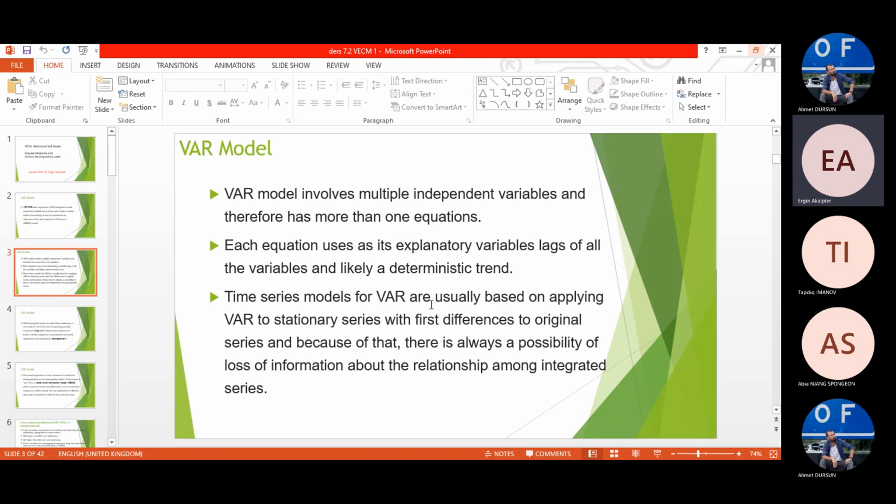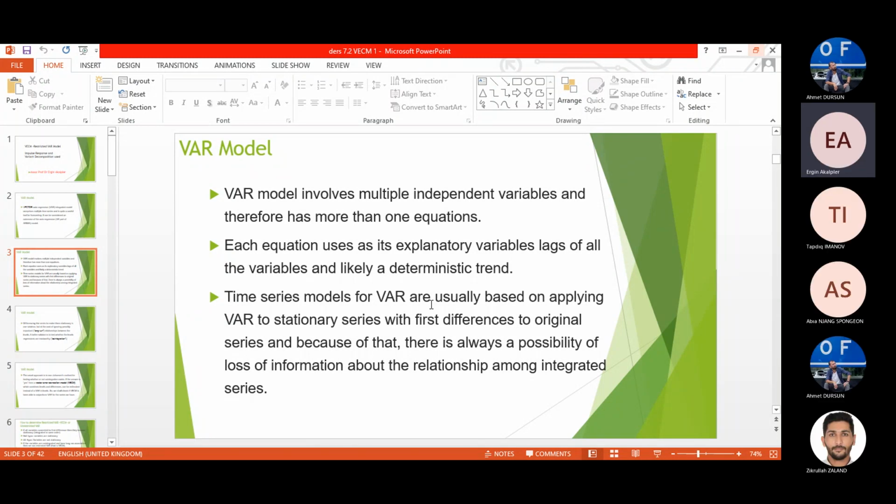VAR model involves multiple independent variables and therefore has more than one equation. Each equation uses as its explanatory variables lags of all the variables and likely a deterministic trend. Time series models for VAR are usually based on applying VAR to stationary series with first differences of the original series, and because of that, there is always a possibility of loss of information about the relationship among integrated series.